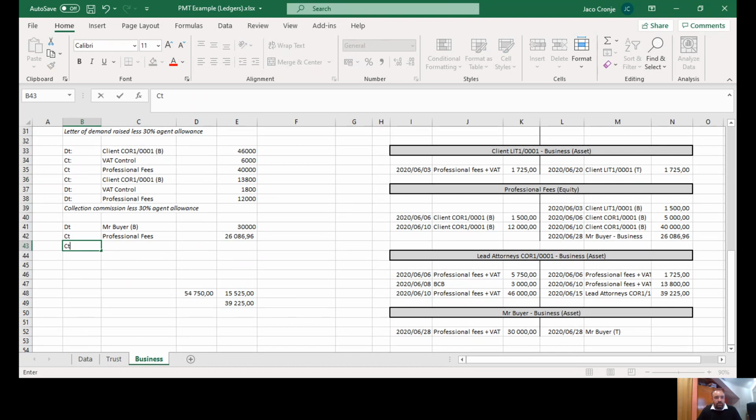And we credited VAT control with 30,000 rand less the fee portion, the 3,913. Right, and then we just add a little description to say conveyancing.